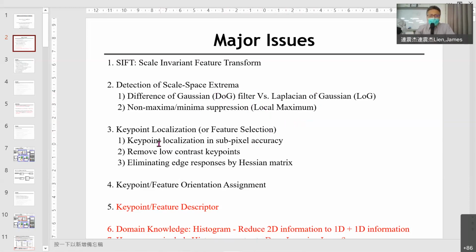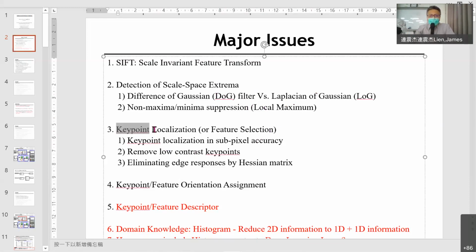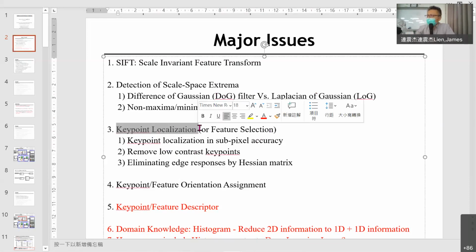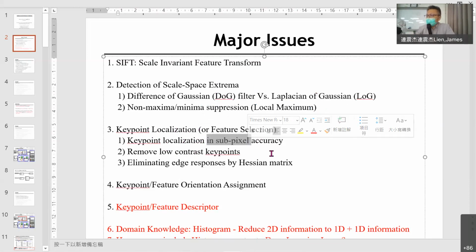And next is the key point, actually the corner of the image. How do you estimate it to subpixel accuracy? Our previous approach is 1 pixel, 1 pixel. NCC can do only 1 pixel accuracy. How can we do subpixel accuracy?